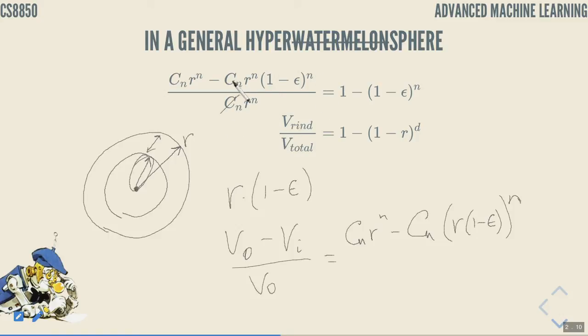So the Cn's go away, as well as r to the power n, and the ratio of the volume of the outer shell to the volume of the whole sphere is the following.